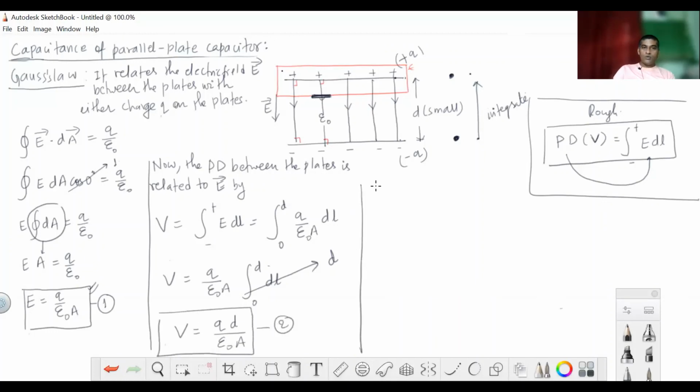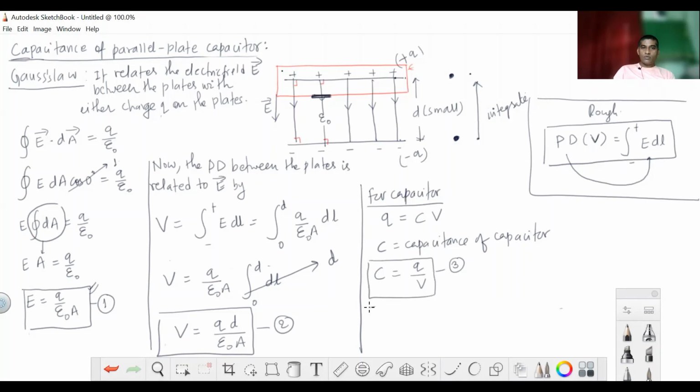Now we know for a capacitor, Q equals CV, and C is called the capacitance of the capacitor. So we can write C equals Q by V. Let us call it equation 3.